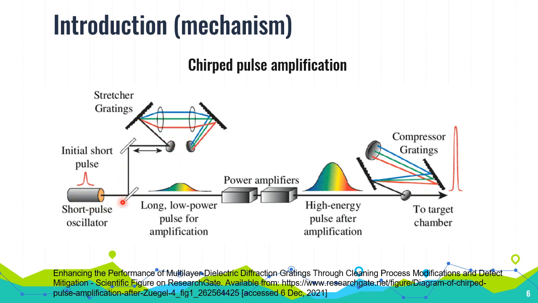From our initial oscillator, our beam gets into this grating, and our pulse is stretched to a low power pulse, because we need to avoid nonlinear effects after amplifying, and also avoid the peak power becoming too high before it damages our optical components. Then it is amplified, and this part is what I'm going to focus on today. After amplification, the energy will rise, and then we compress it again to a high intensity peak power again.